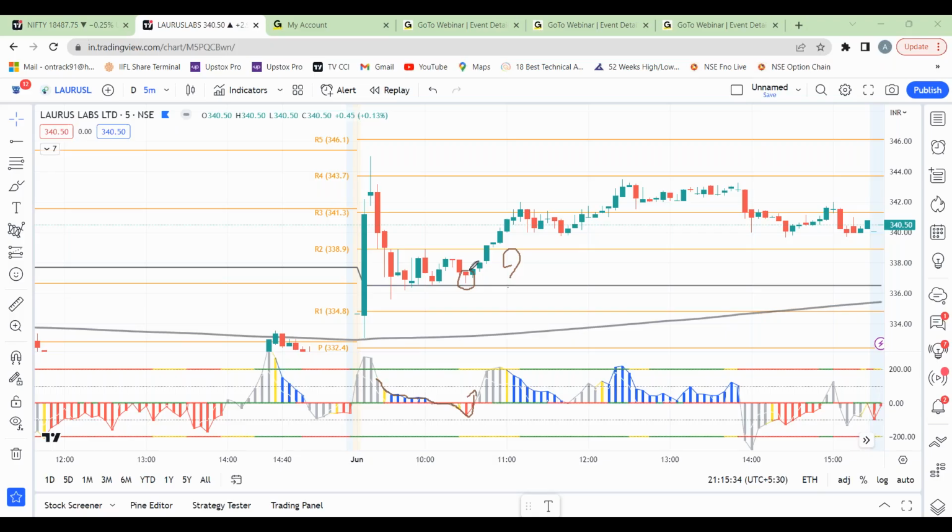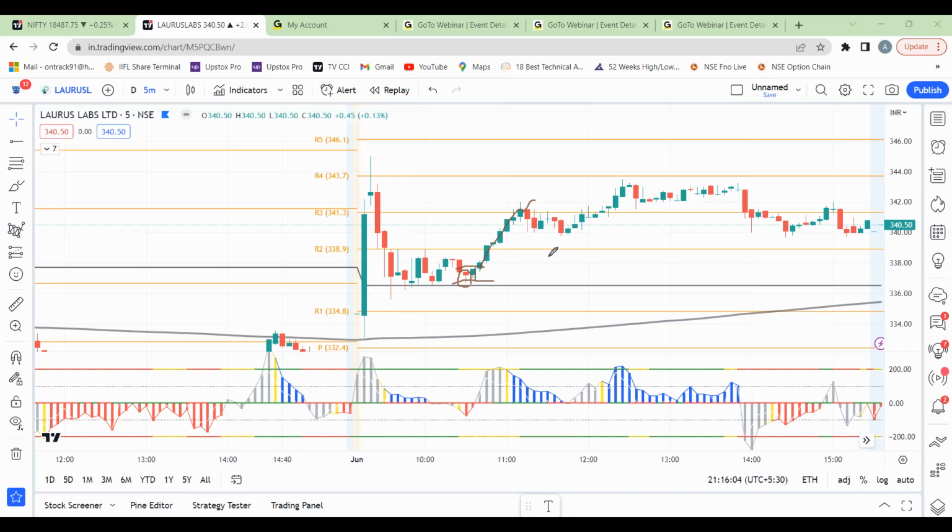A red candle which can be broken by a green candle, the high of the red candle. This is the red candle, the nearest red candle after the signal has come. If one green candle breaks the high of this, you can enter buy and trail your positions.